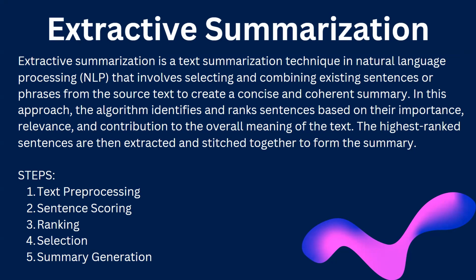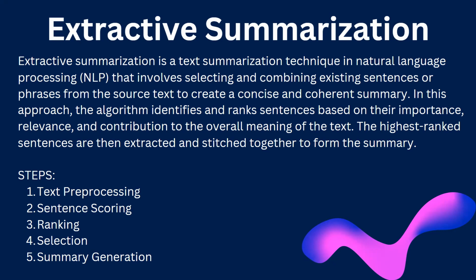These sentences are typically chosen to cover different aspects of the source text to ensure that the summary captures its main ideas. Next is summary generation, and this is the last step. The selected sentences are combined to create a concise summary that mirrors the structure and content of the original text. No sentences are generated in extractive summarization.